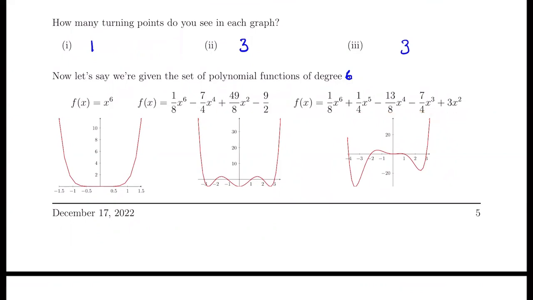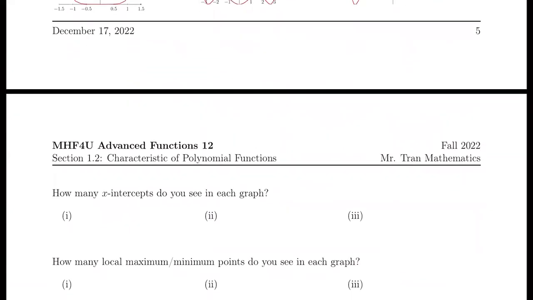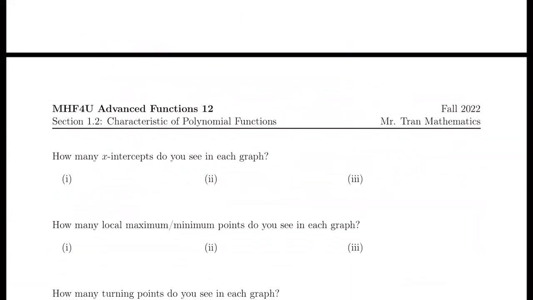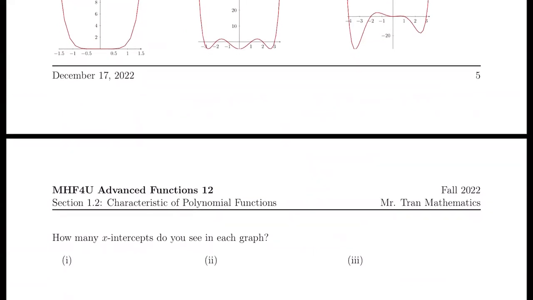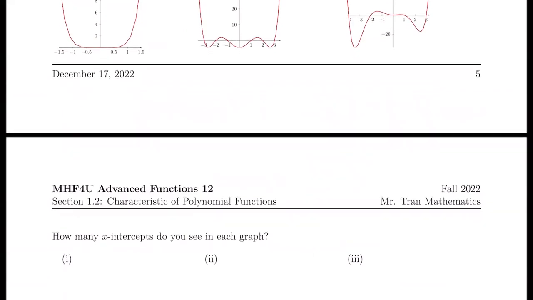So let's have a look. Same thing again. How many x-intercepts do you see? Well, from the graph above, we would see that we have 1 x-intercept here. So we would say there's 1 here. And then for the second graph, we would see that we have 1, 2, 3, 4, 5, 6. So we have 6 x-intercepts here.